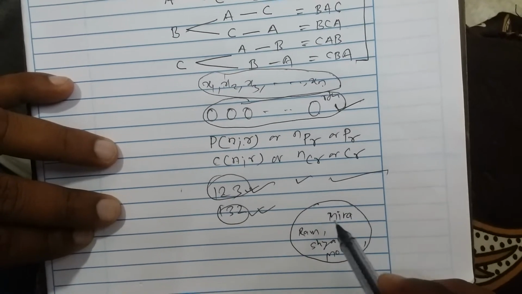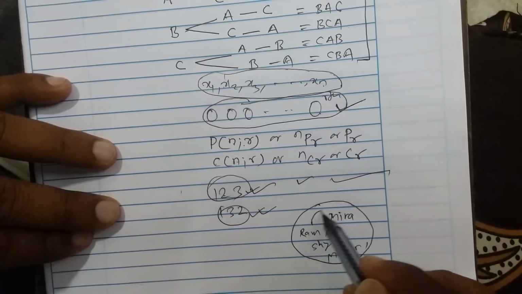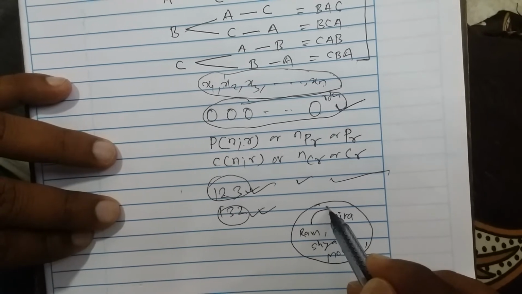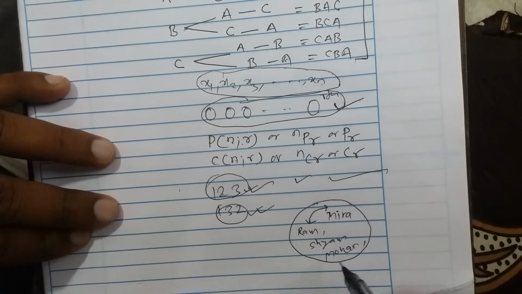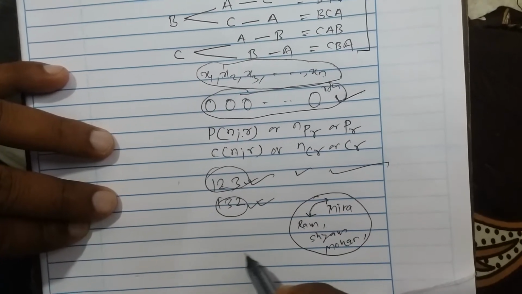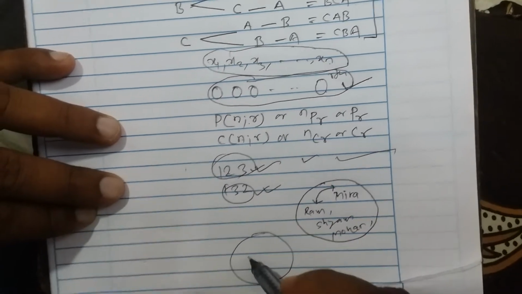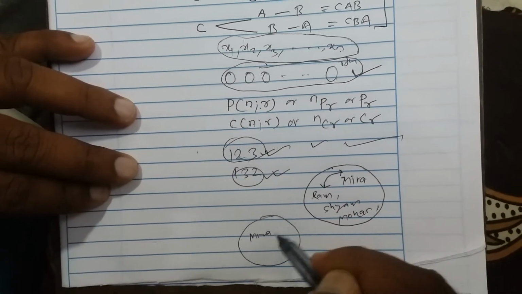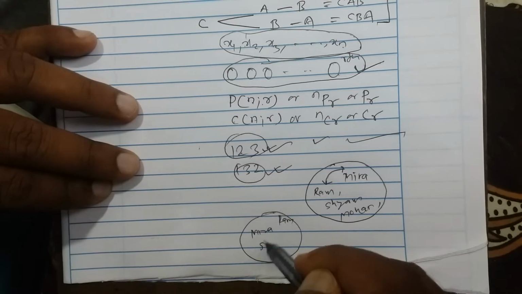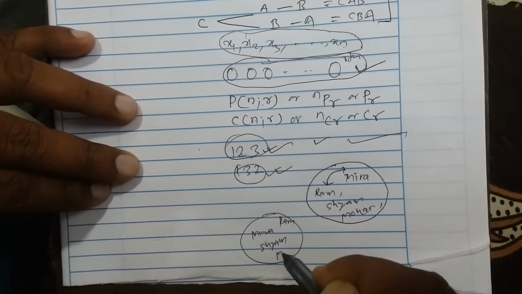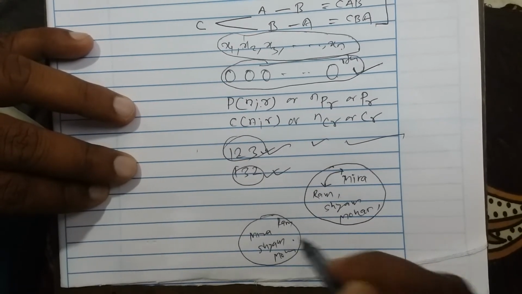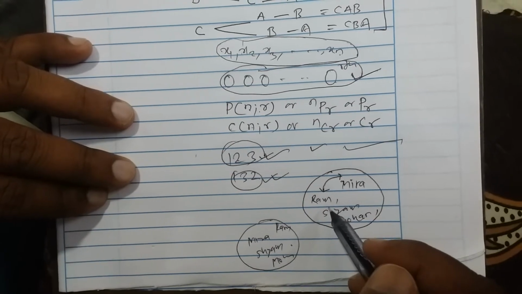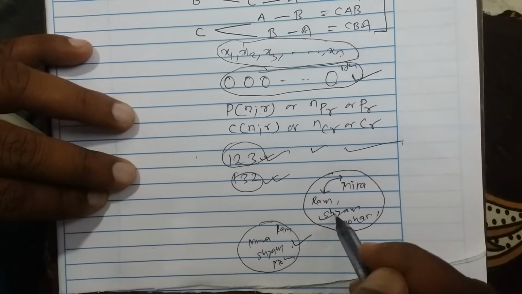Let us interchange the positions. Let us take Meera at this place and Ram at that place. So the committee will be Meera, Ram, Syam, Mohan. Is this committee different from the previous committee? No. This one is the same as the previous committee.